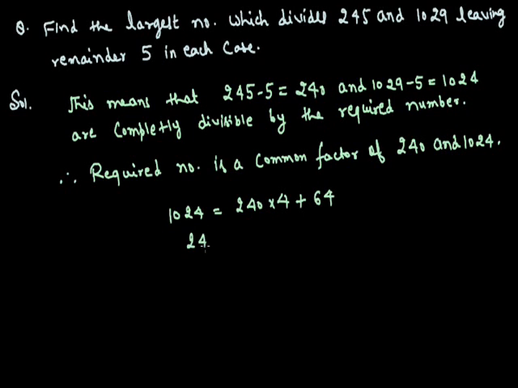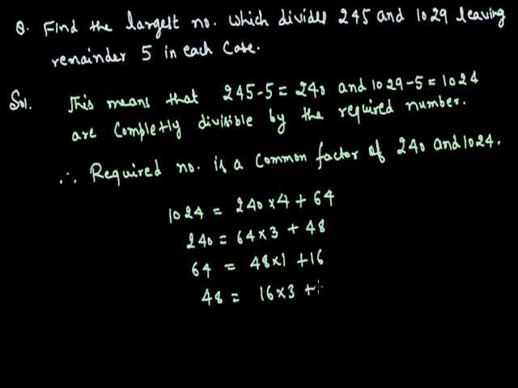So 240 can also be written as 64 multiplied by 3 plus 48. 64 can be written as 48 multiplied by 1 plus 16, and 48 can be written as 16 multiplied by 3 plus 0. Therefore, required number is equal to 16. Now next problem.